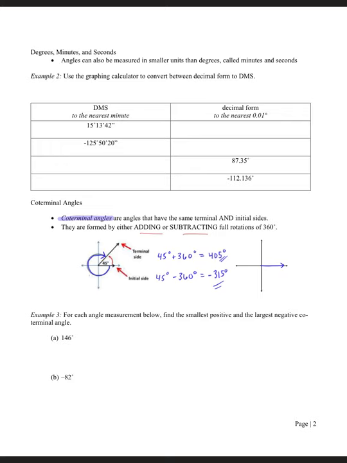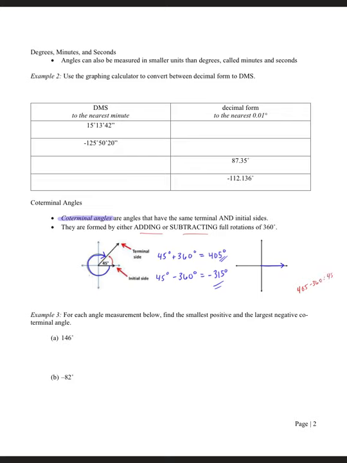Now, 405 degrees. Well, we know one full rotation would be 360 degrees. So if we do 405 minus 360, so if we come down here, this is just some sketch work. So 405 minus 360, we're left with 45.